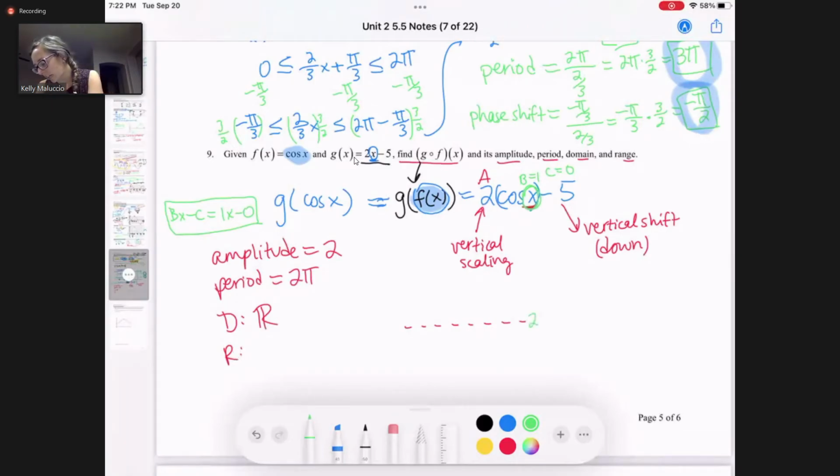So starting at 2, that equilibrium point, then we would do -5 and 2 plus 5. I think that's how this is going to go. So the range should be, and you can again correct me, I know Michael is looking at this here, which is good because I was very distracted, -3 to 7.